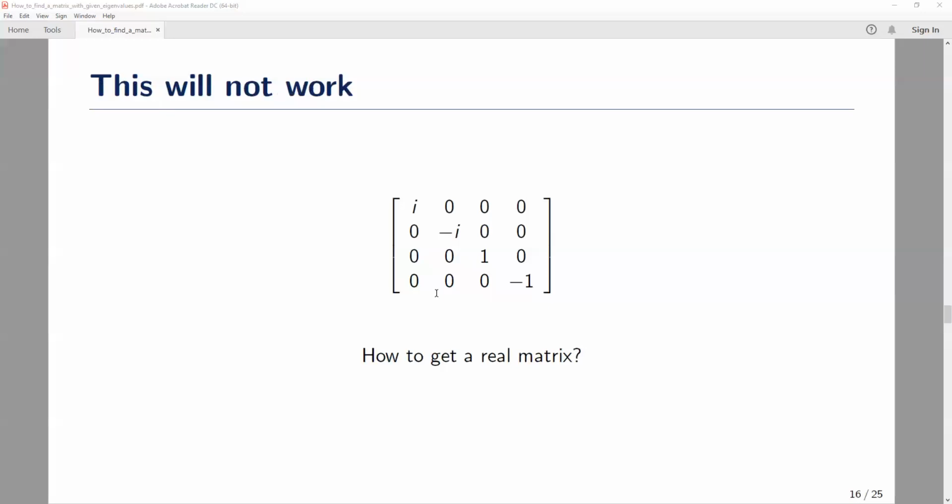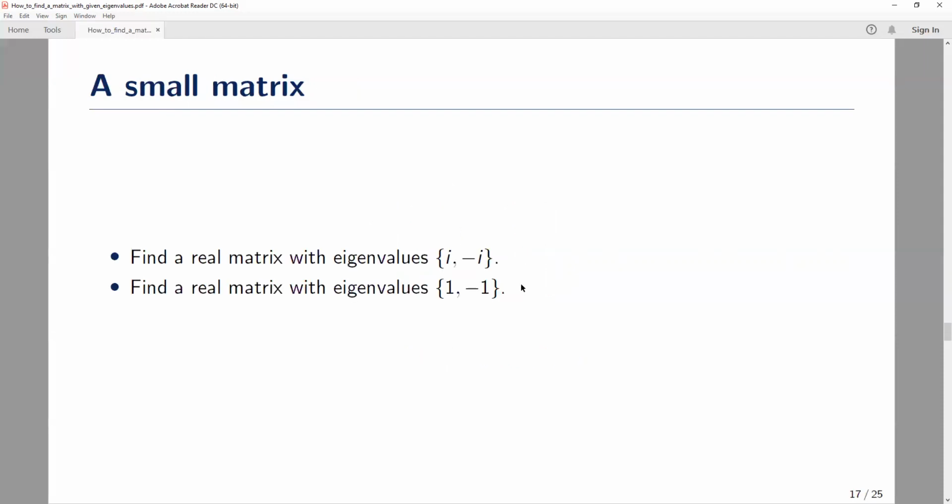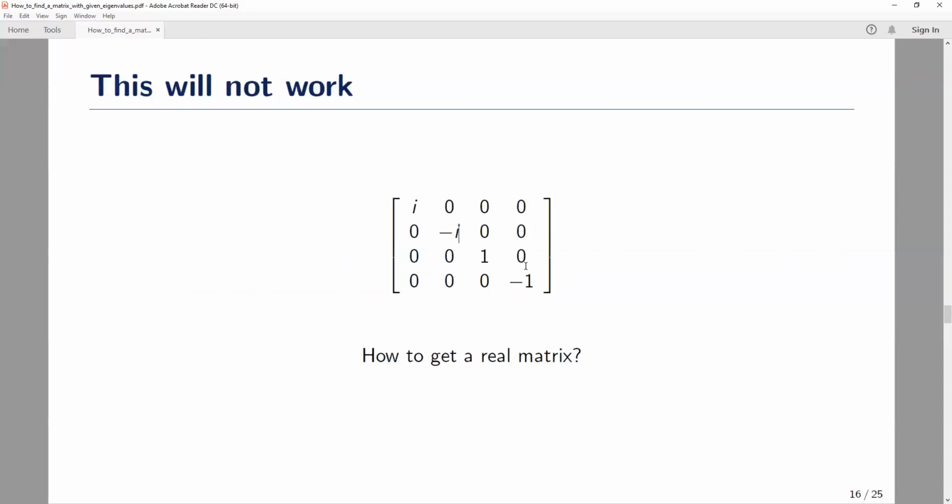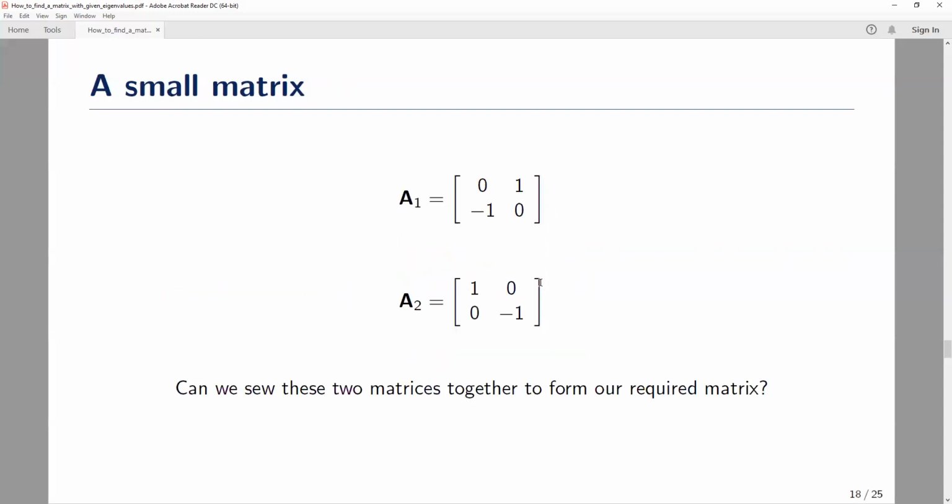What if we find a matrix with eigenvalues i and minus i, and separately a matrix with eigenvalues 1 and minus 1? Can you find that? That's a very basic problem, right? Let's solve the 2 by 2 first: i and minus i, and 1 and minus 1. Yes, we can do that. For 1 and minus 1, we already know it's along the diagonal.